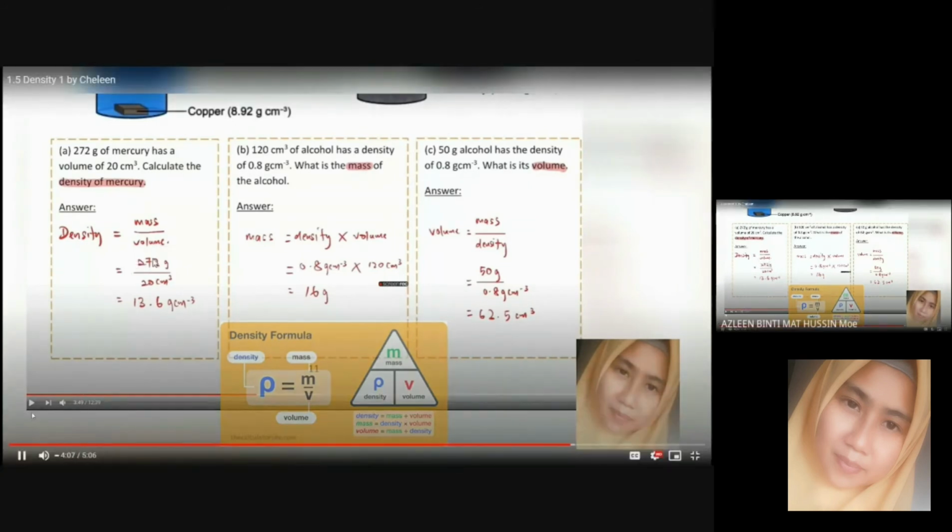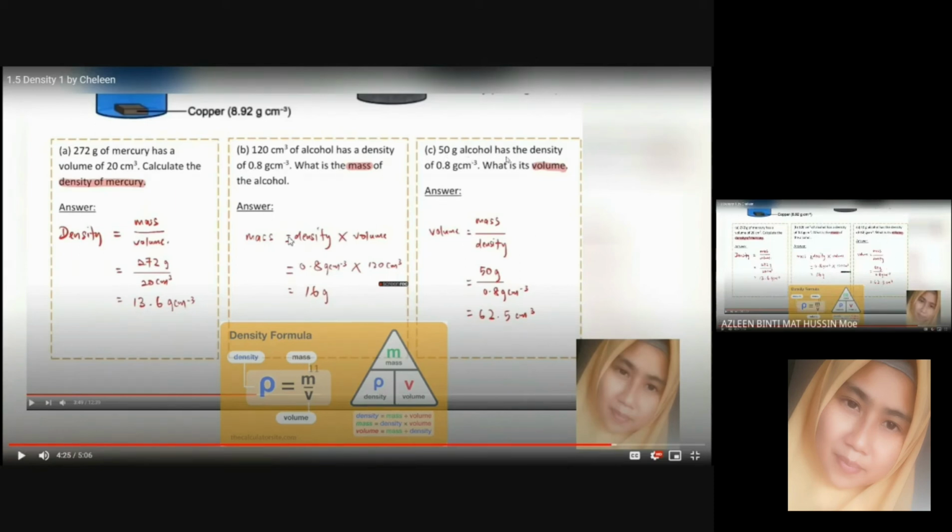Mass on top, density and volume together at the bottom, side by side. So for density, it is mass over volume. Now you insert the values given in the question into the formula, and you'll find the answer at the end. Don't forget to put the unit gram per centimeter cube.